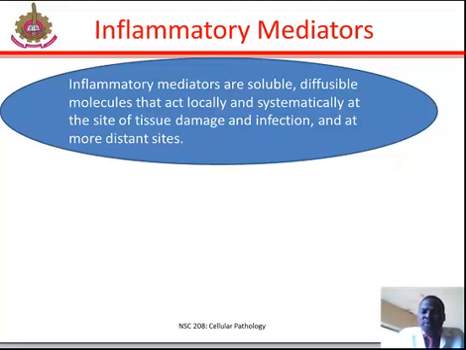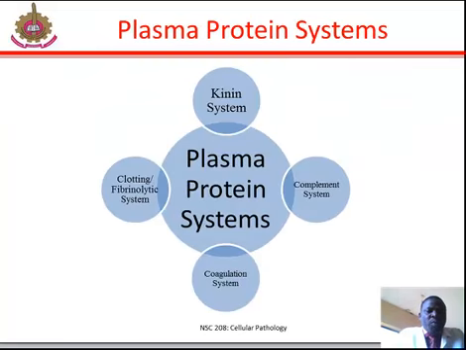Some are products of white blood cells that come to participate in the struggle at the inflammatory site. These mediators released during inflammation intensify and propagate the inflammatory response in the host tissue. And we have discussed the plasma protein system, which involves kinase.